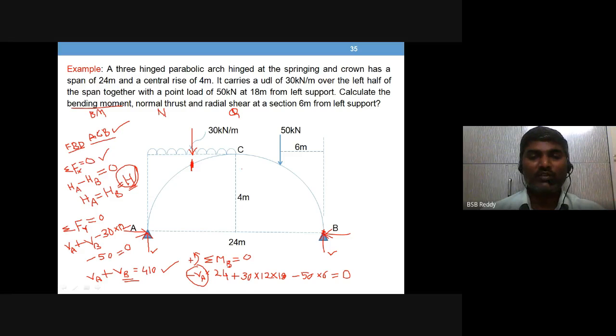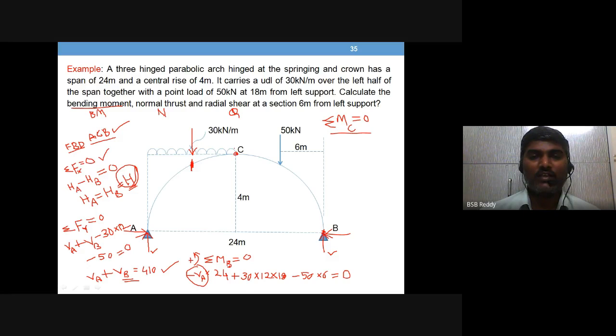So what is that fourth equation? Moment at C, total moment at C should be 0, because C is an internal hinge. You have a hinge here. Okay. So wherever you have a hinge, moment should be 0. That is what you are going to use. And remember, you are not taking the full arch now.